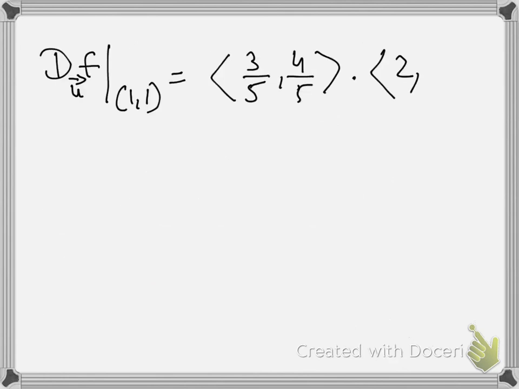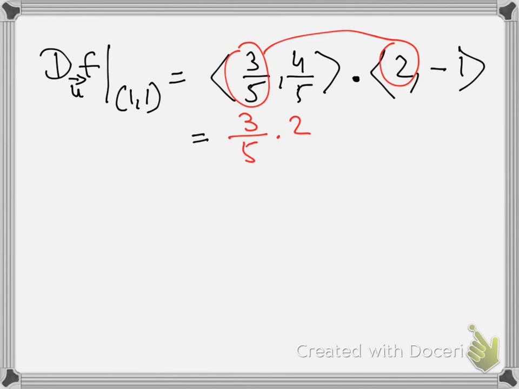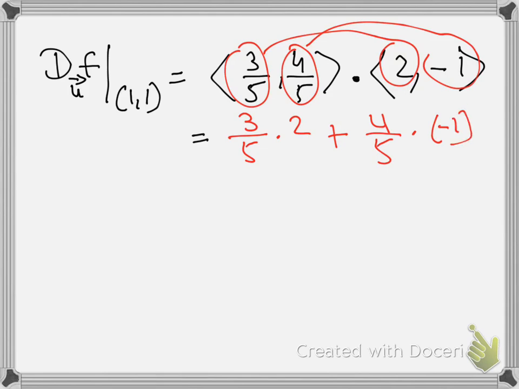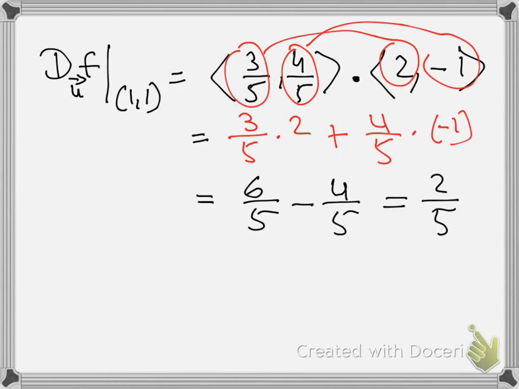Let me remind you how to do the dot product. 3 over 5 times the 2, plus 4 over 5 times negative 1. That will be equal to 6 over 5 minus 4 over 5, and you see you get the same answer, 2 over 5.